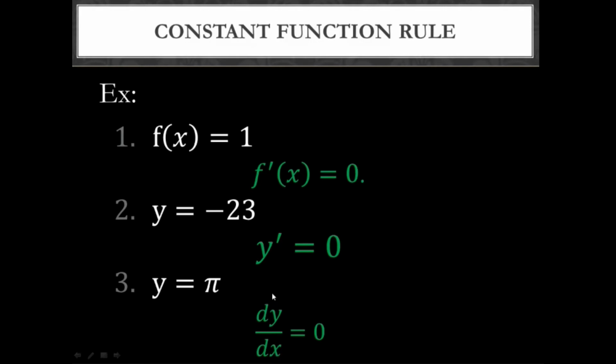Take note that this one, ang pagbasa dyan ay derivative of y with respect to x. So, parehas lang naman po yan sila. Okay? But, yung constant function rule, kahit anong constant, derivative niya, 0.